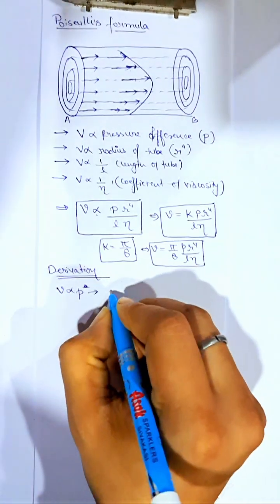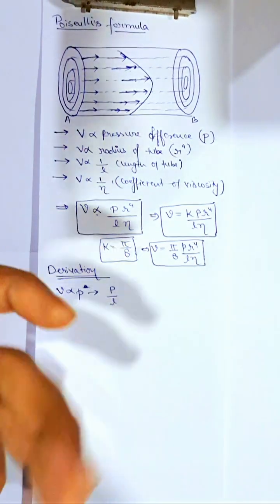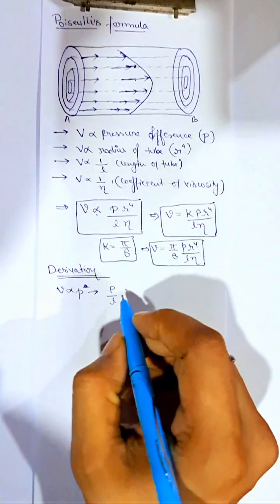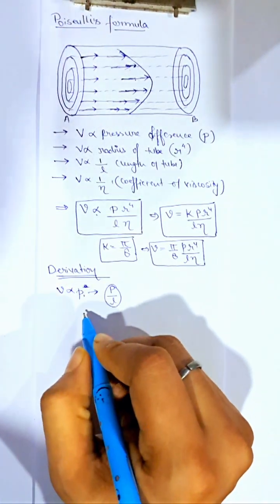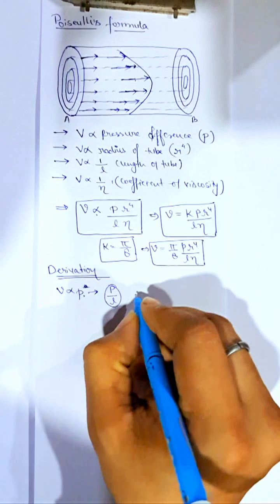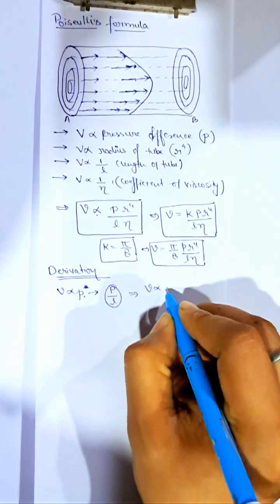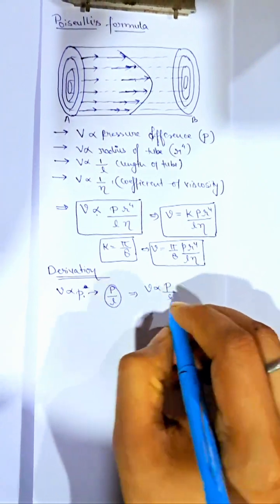Since the pressure is changing with respect to length only, this pressure difference can be called the pressure gradient. So velocity basically depends on the pressure gradient.